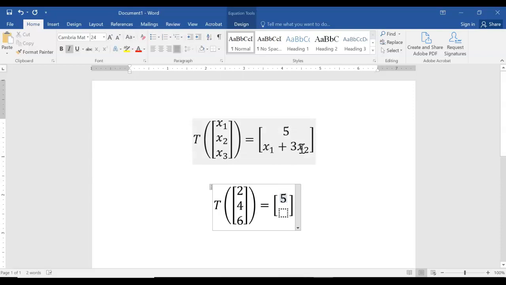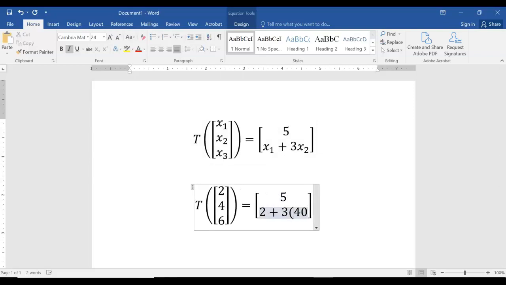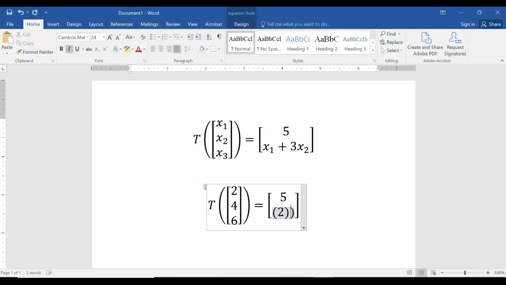The second entry is what you get when you plug in 2 into the x1 spot and 4 into the x2 spot. So 2 plus 3 times 4, which is 14. So we get out 5, 14.